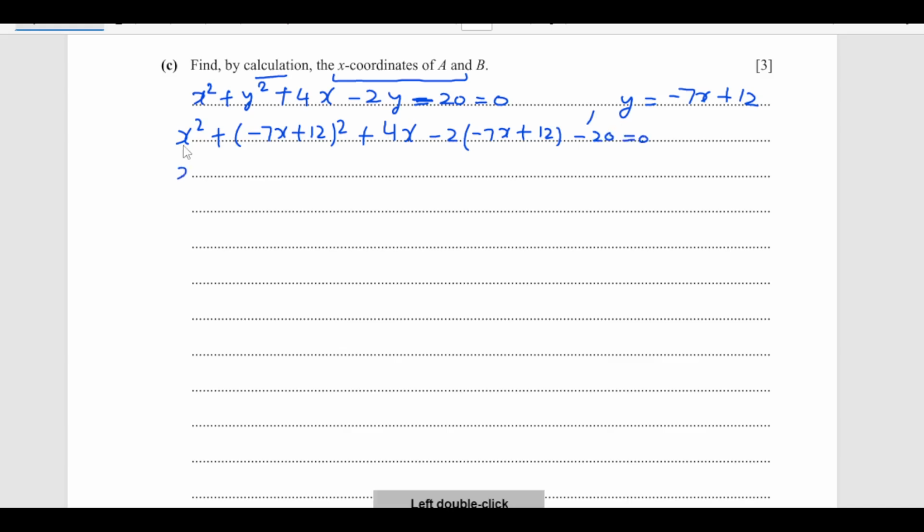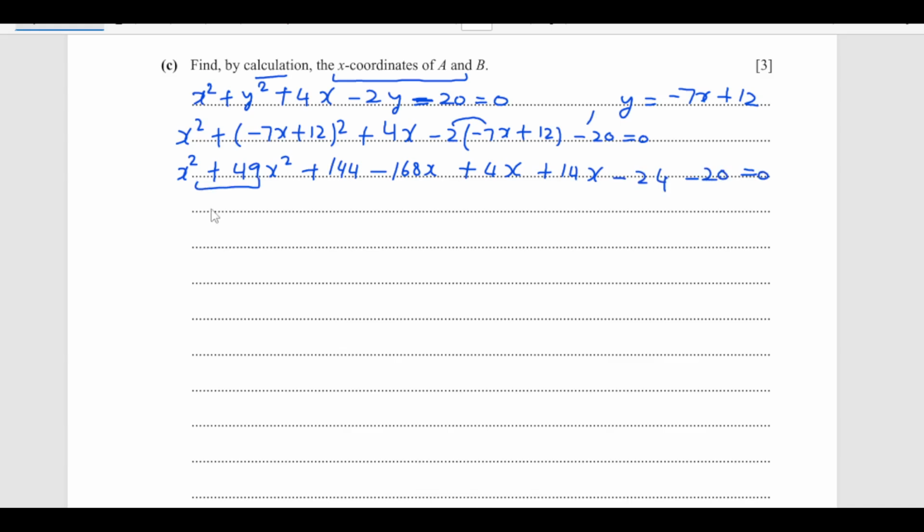So, now we will expand the brackets: x squared plus 49x squared plus 144 minus 168x, then plus 4x remains as it is. Now, we expand this one which is positive 14x minus 24 minus 20 equals 0, right. So, now we will combine the like terms.